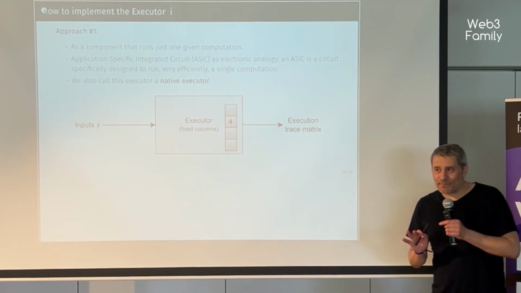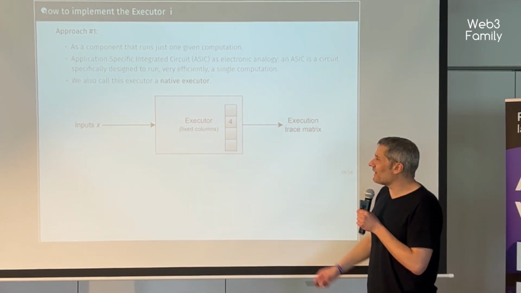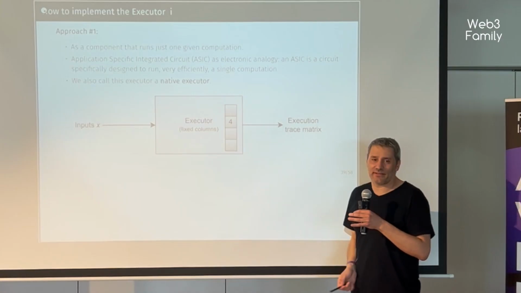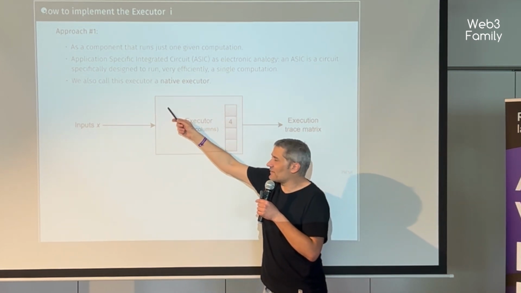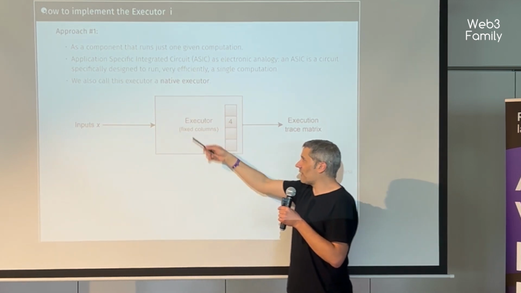There are many projects that decided to create this executor by asking which are the rules that the matrix needs to fulfill. In this case, remember, this row plus this row should be this row, and so on.